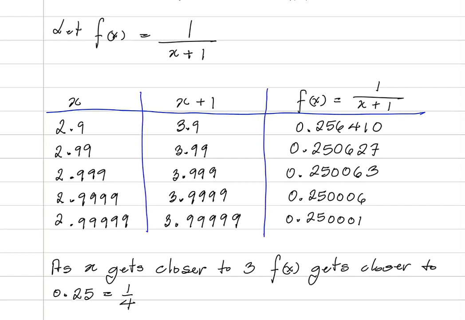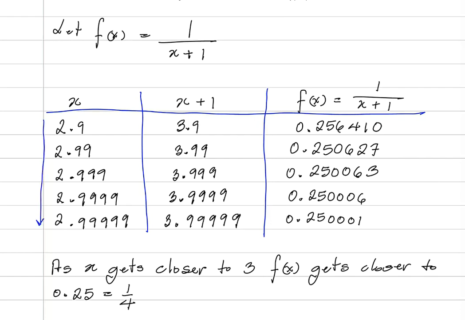The first value we started out with is x being 2.9. When you add 1 to that, you get 3.9. Now f of x, which is 1 over x plus 1, becomes 0.256410.